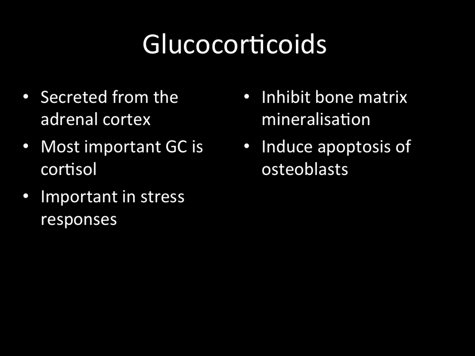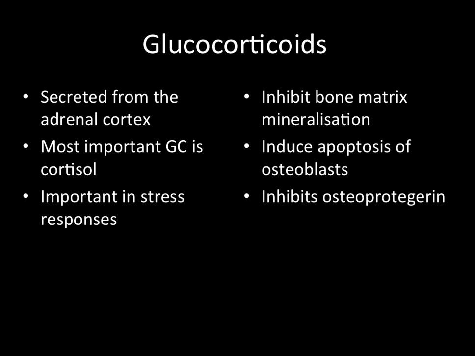So if you inhibit mineralization, then you're going to decrease the strength within bone. If you induce apoptosis of osteoblasts, you're going to have fewer osteoblastic cells to increase the strength of bone. Now there's also an interesting effect where it inhibits osteoprotegerin.